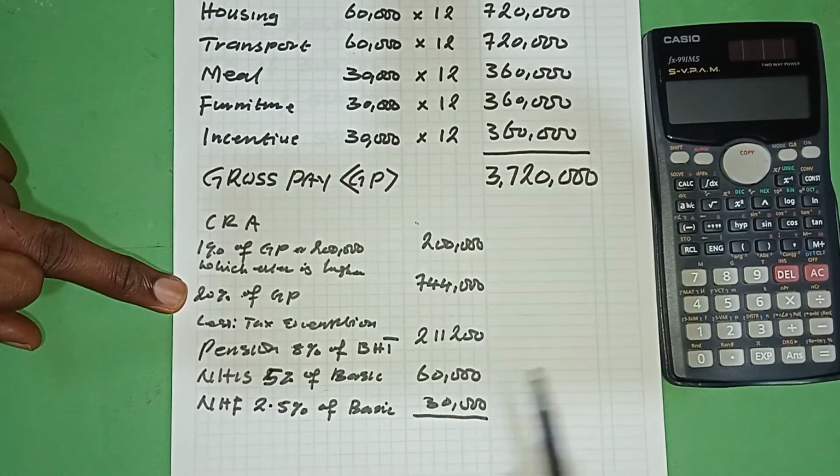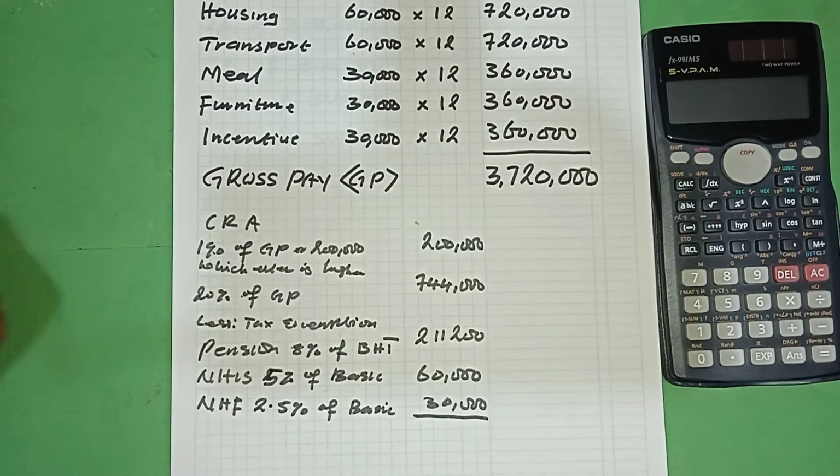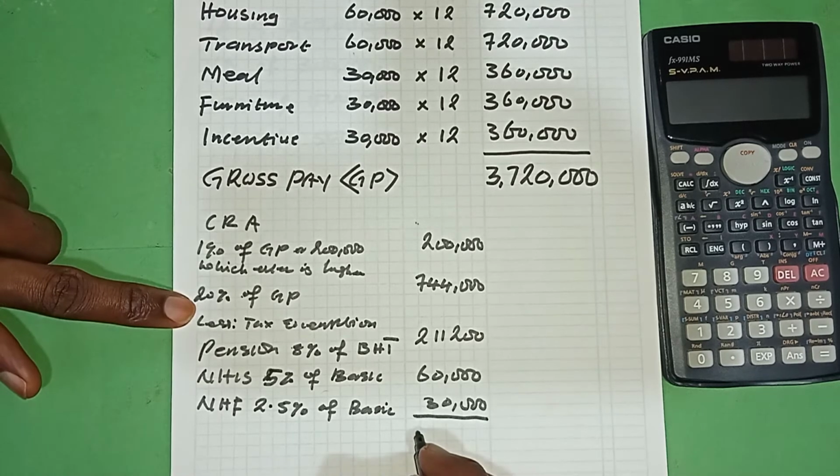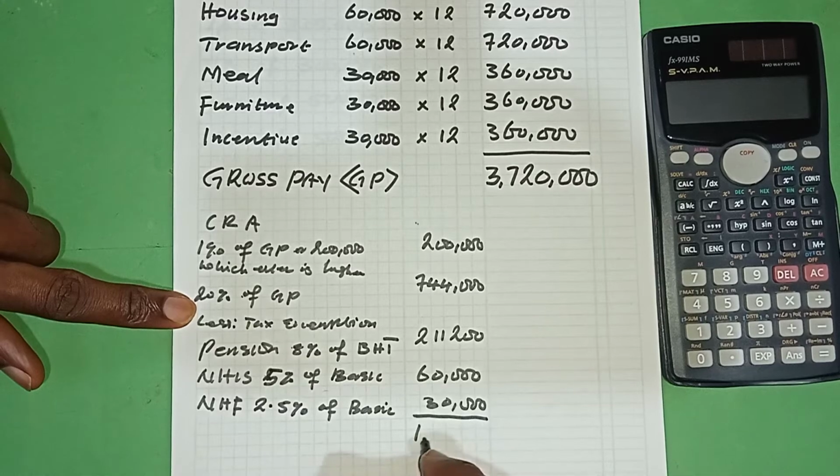200, 74, 21, 200, 60,000 and 30,000 will give you a total sum of 1,245,200.